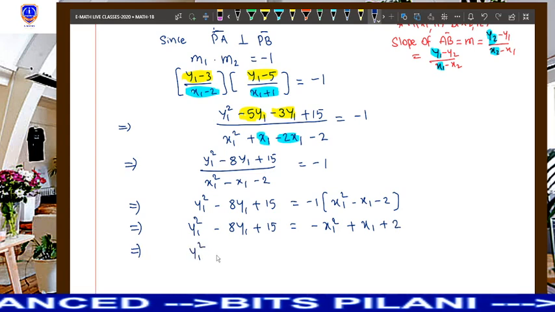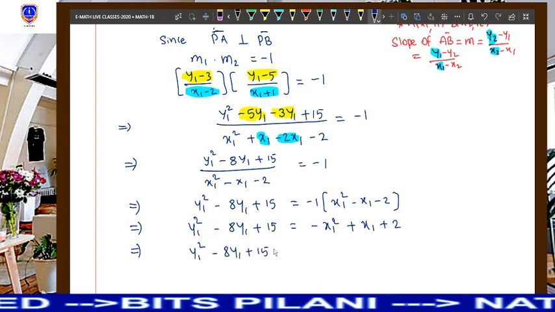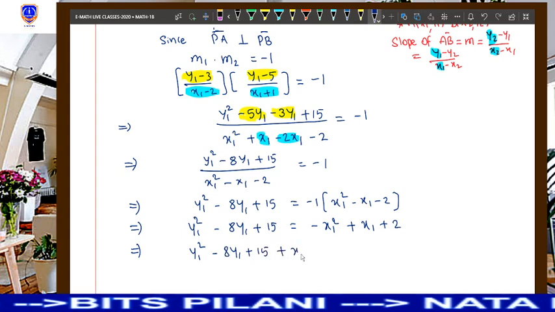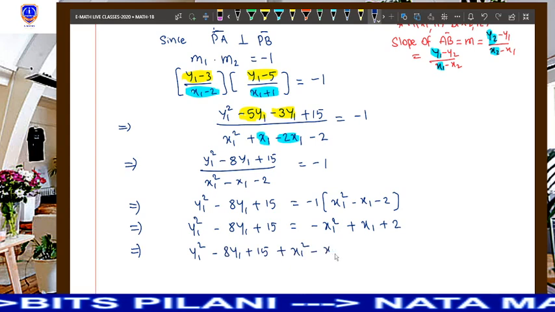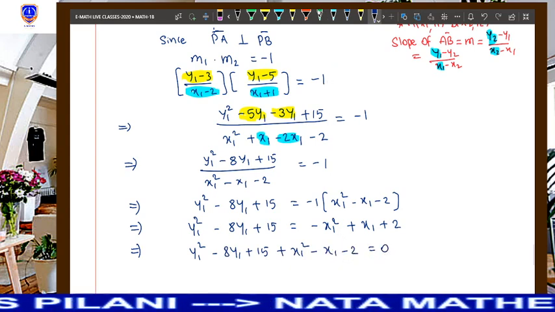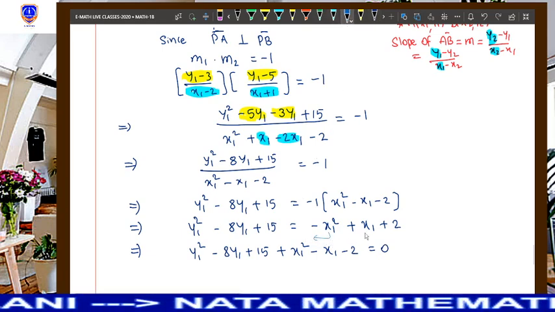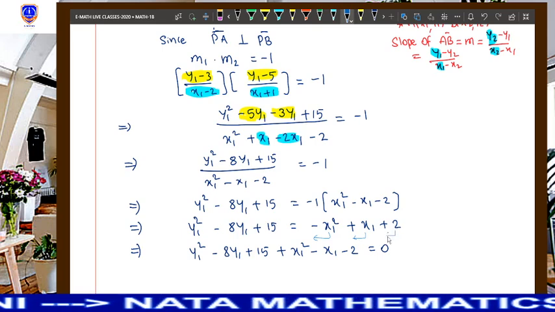So y1 square minus 8y1 plus 15 plus x1 square minus x1 minus 2 equal to 0. I just moved all these terms to this side.